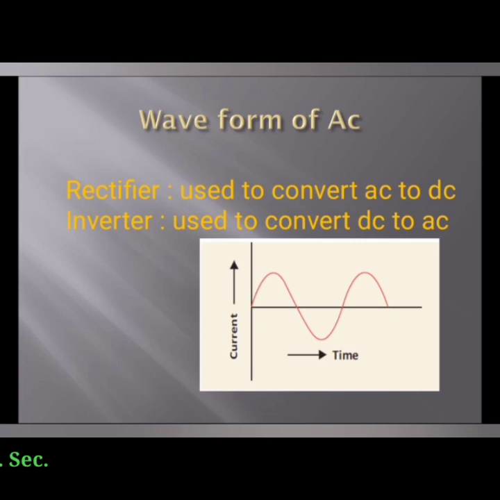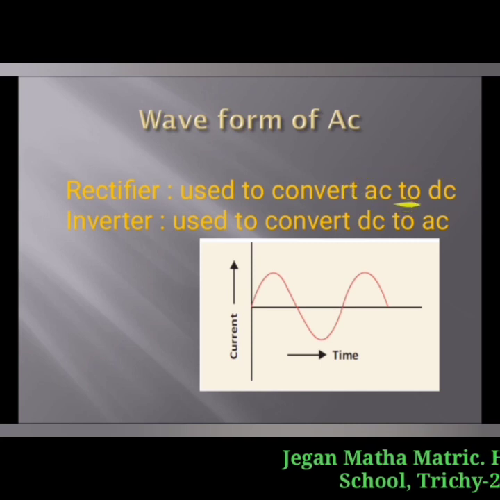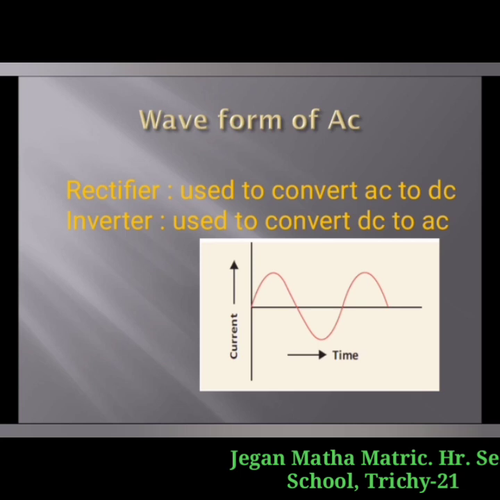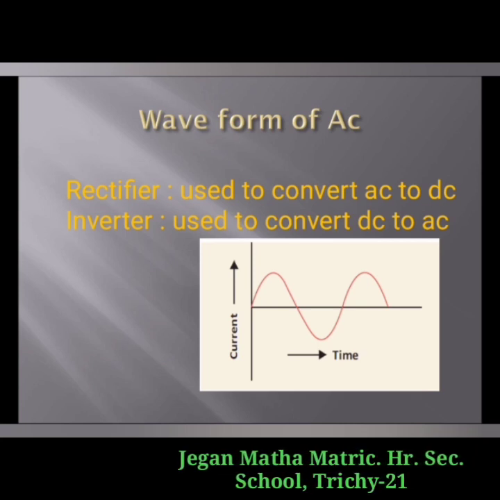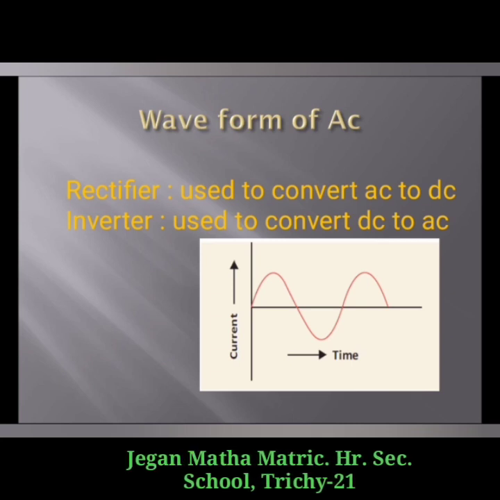Domestic supply is in the form of AC. When we want to use an electrical device on DC, we have to use a device to convert AC to DC. The device used to convert AC to DC is called a rectifier.